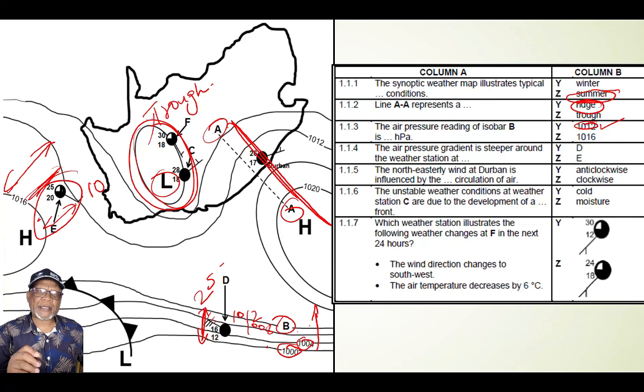And what is influencing that is the distance between isobars. The distance between isobars here makes it a gentle pressure gradient, and here it makes it a steeper pressure gradient. And what is the evidence that we see again? You can see the wind speed here is 25 knots, and the wind speed here is only 10 knots.